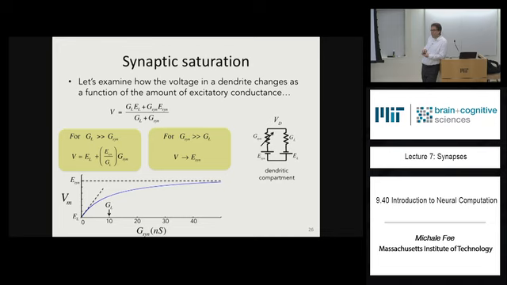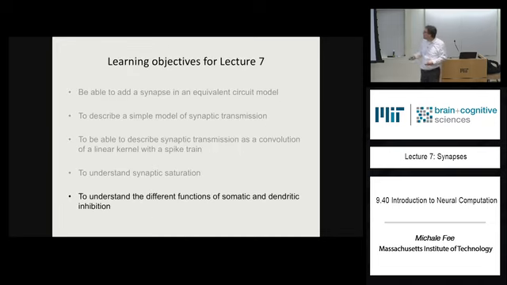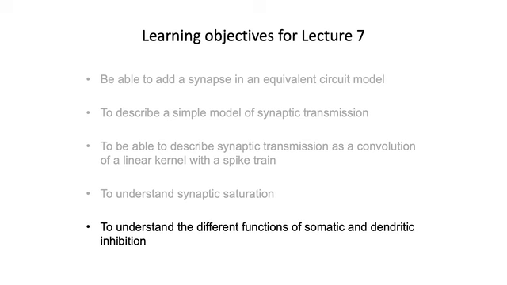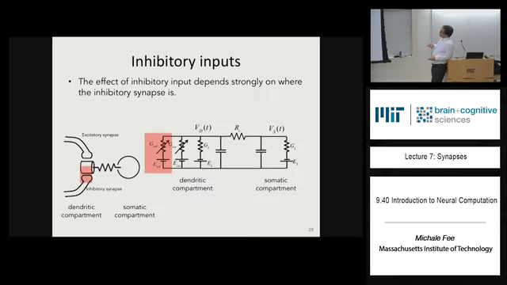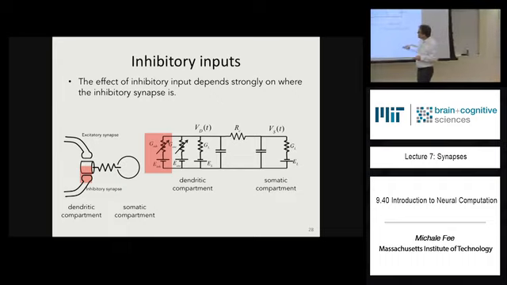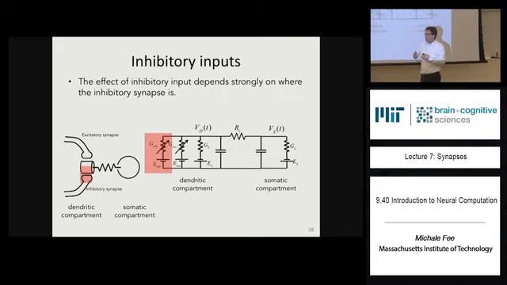All right, and now I want to tell you a story about inhibition. In real neurons in the brain, inhibition sometimes connects to dendrites, and sometimes inhibitory synapses connect to somata.